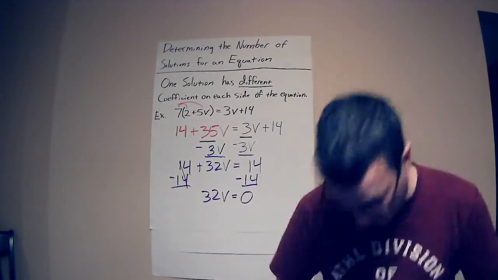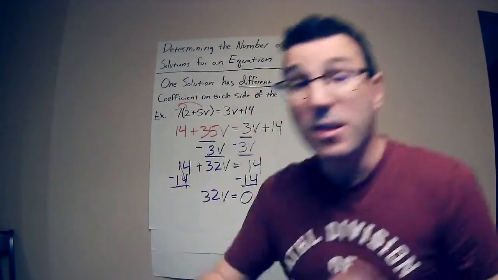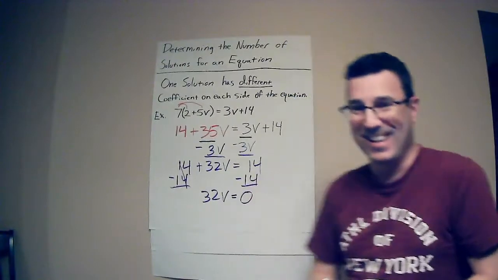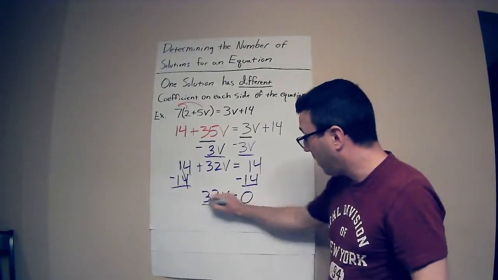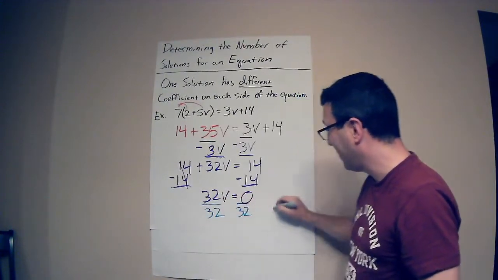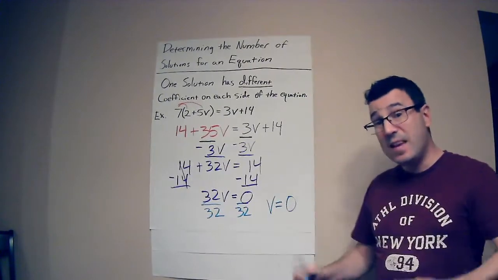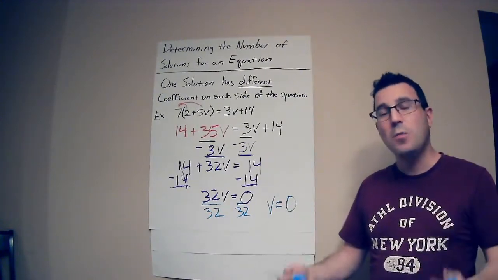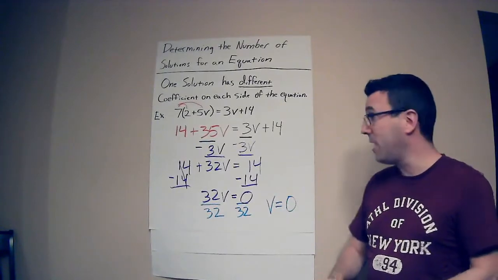And there's really only one way we can get a 0. I divide both sides by 32. v equals 0. So 0 is the only thing that's going to work in this equation to make it true.